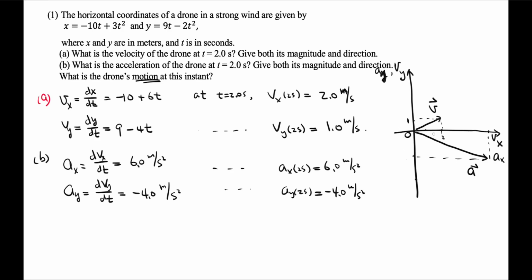If we apply our discussion earlier, V and A have this relation: A's component along the velocity is in the same direction as the velocity.